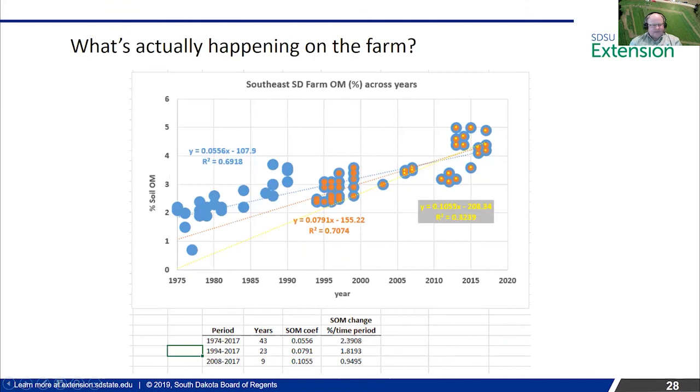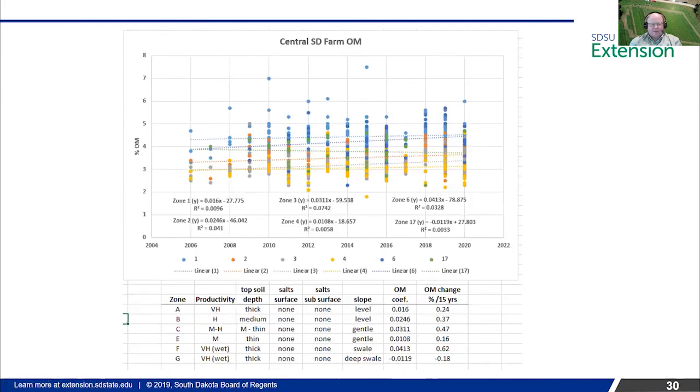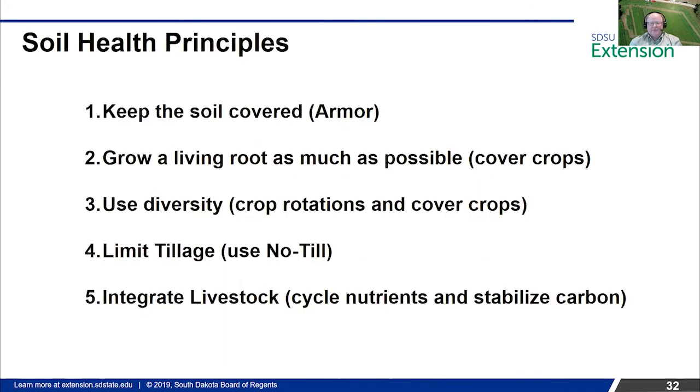So what's the difference? The Eastern South Dakota farm is a tall grass prairie. That's what the native vegetation was. And the native vegetation of the Central South Dakota farm was a short to mid grass prairie. So that's the difference.